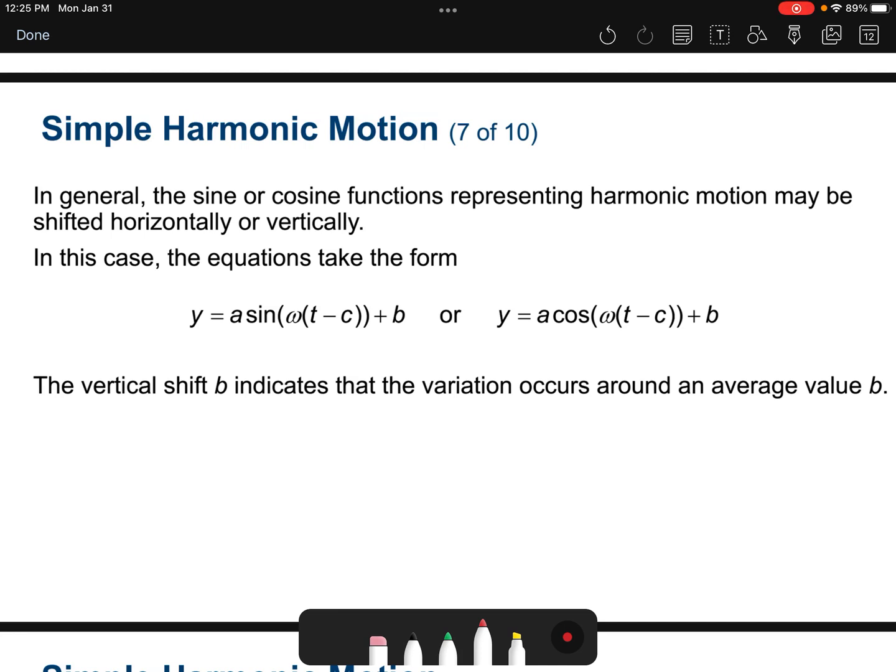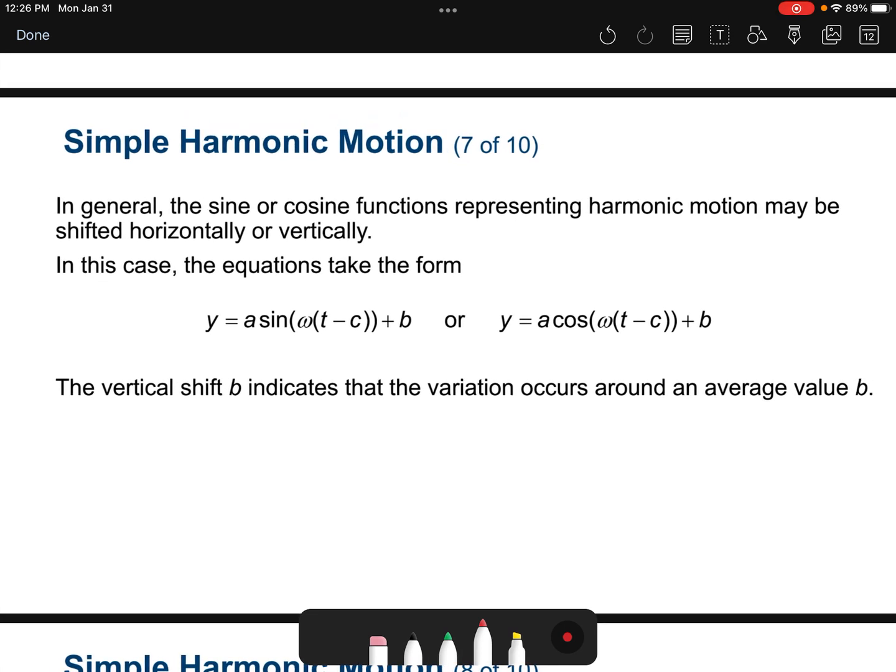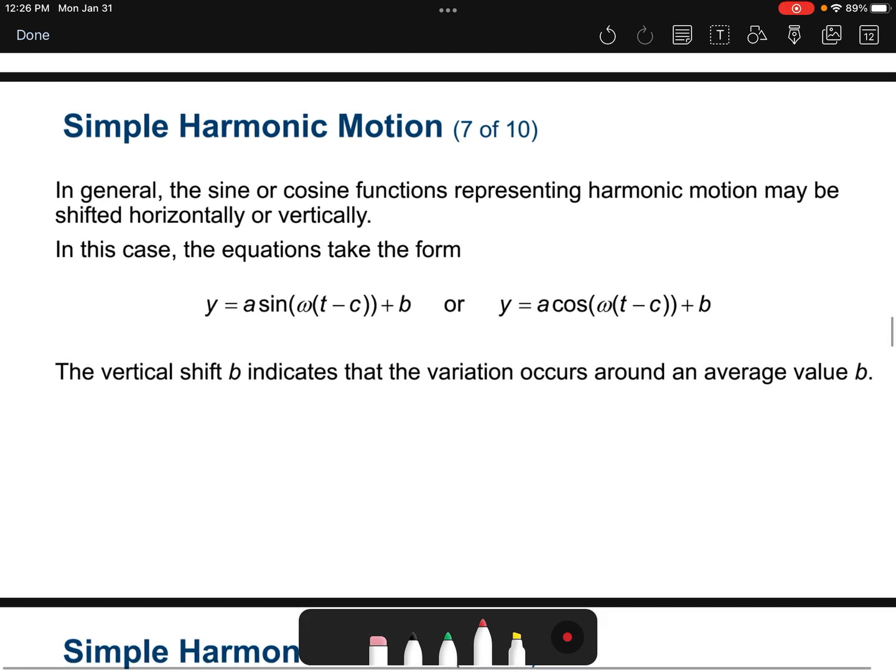So we're going to look at two equations here. y equals A sine omega (t minus c) plus b, and y equals A cosine omega (t minus c) plus b. But it's exactly what we studied before. The vertical shift is your midline again. That's B. Your horizontal shift is C. And then our phase shift is C divided by omega, which we did before with K.